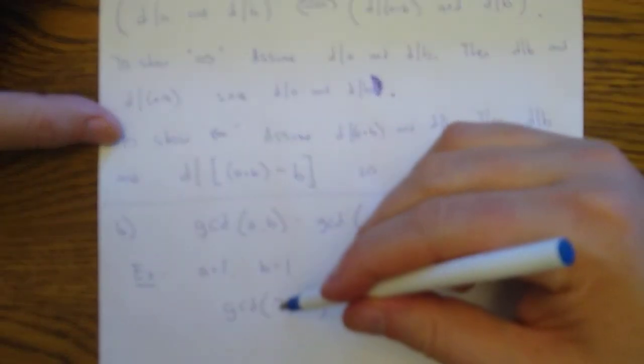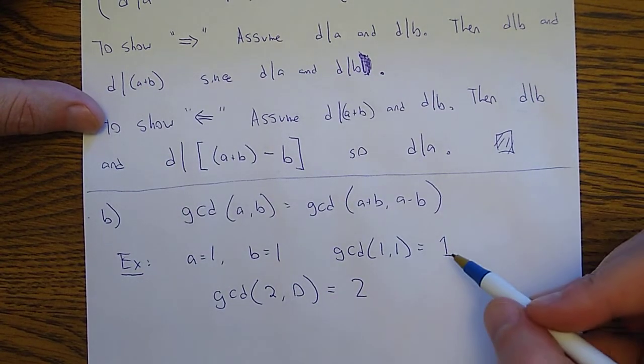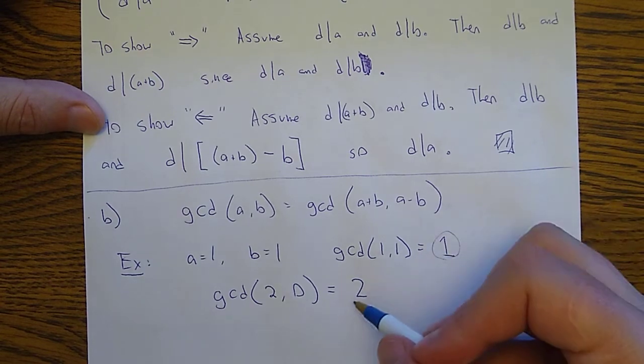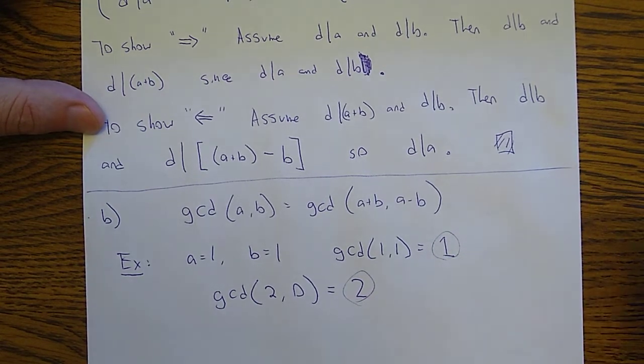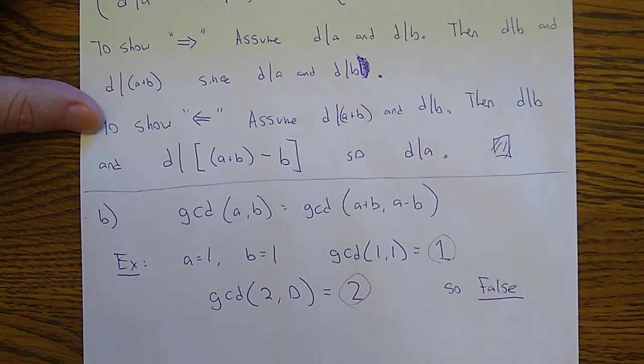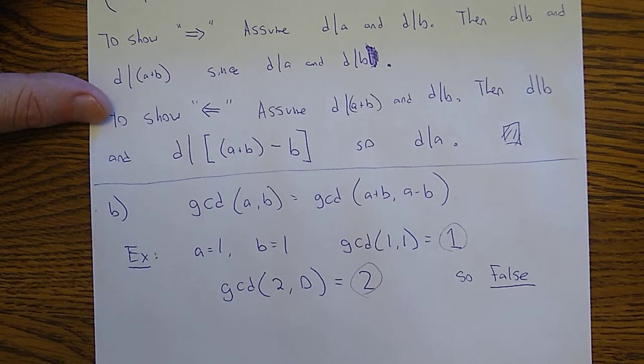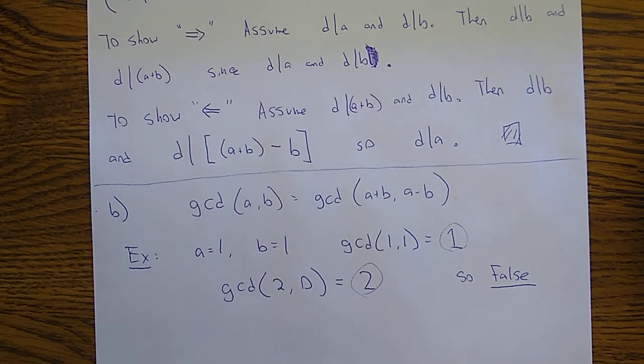And the GCD of anything with 0 is itself. Right? So already I have a counterexample. This doesn't equal this. So maybe I won't say too much more about that one.